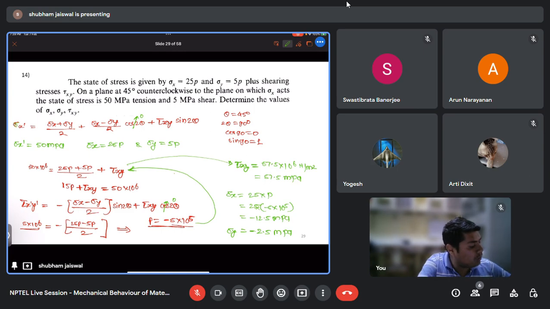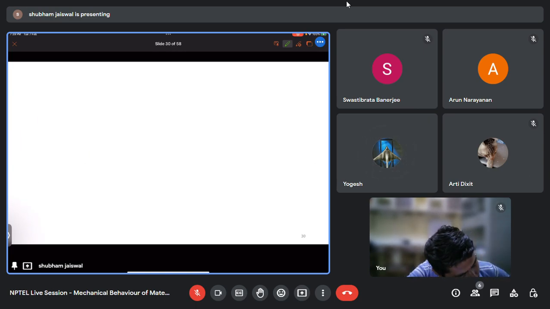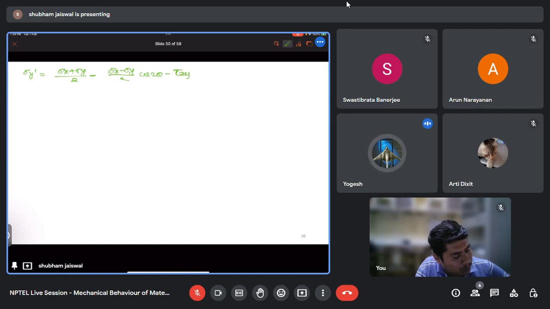Tell me the value of sigma y prime. So sigma y prime comes out to (sigma x plus sigma y) by 2 minus (sigma x minus sigma y) by 2 cos 2 theta minus tau xy sin 2 theta. So sigma x is minus 12.5, minus sigma y is 2.5, by 2. So cos 90 is 0, so this whole term becomes 0.